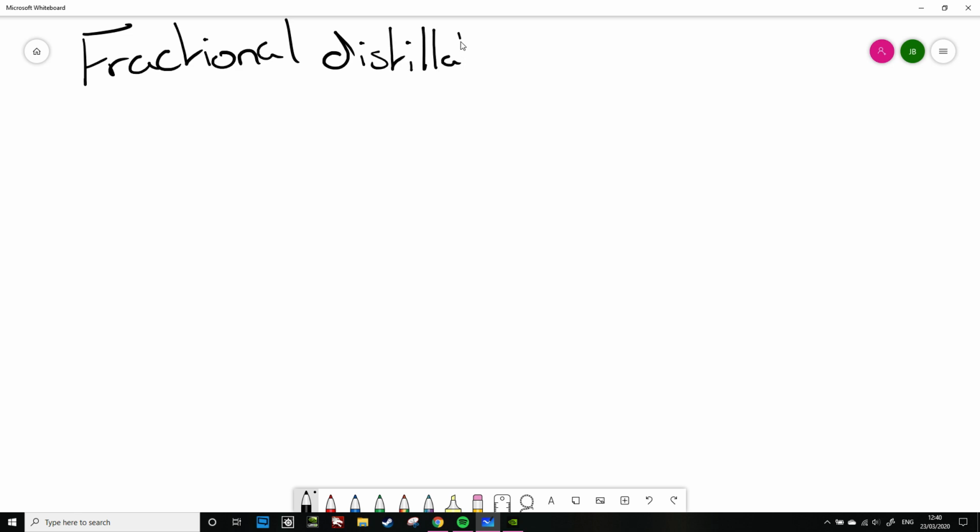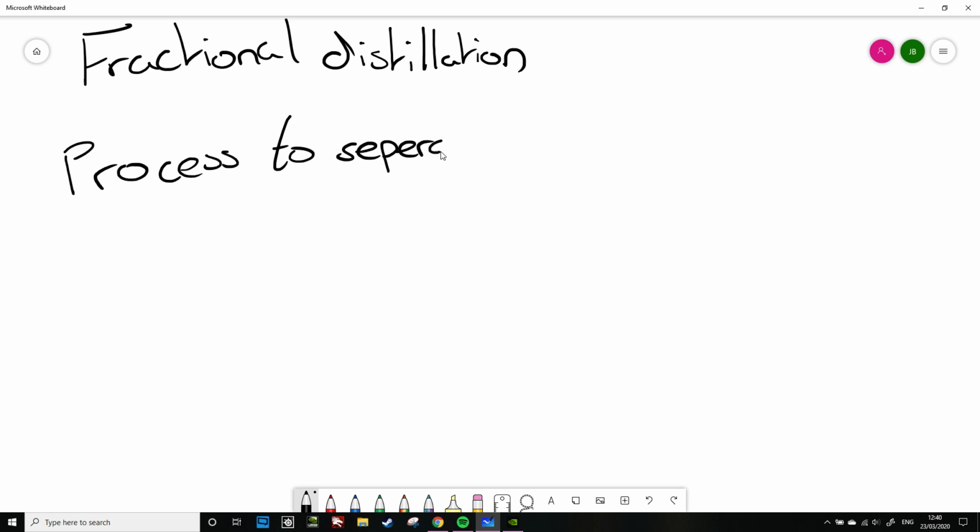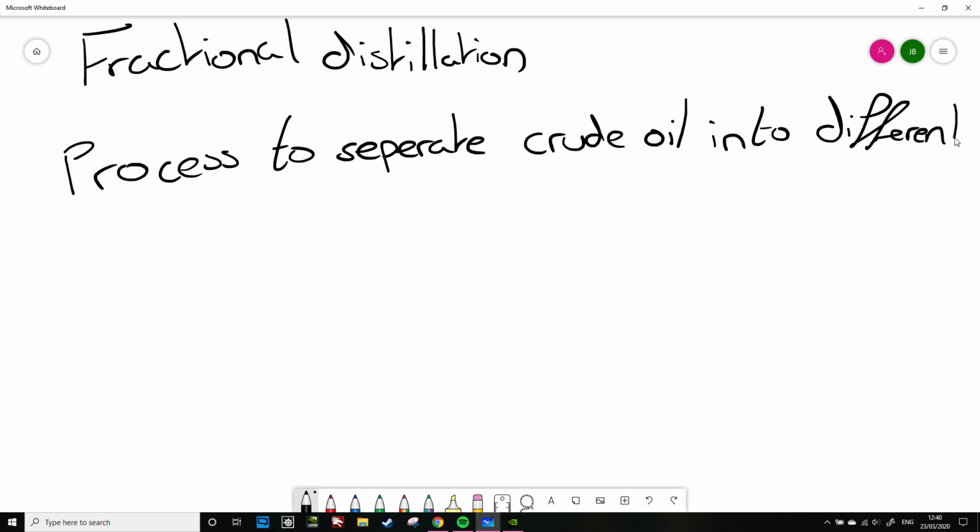So we'll call it fractional. So this is a process to separate crude oil into different fractions.